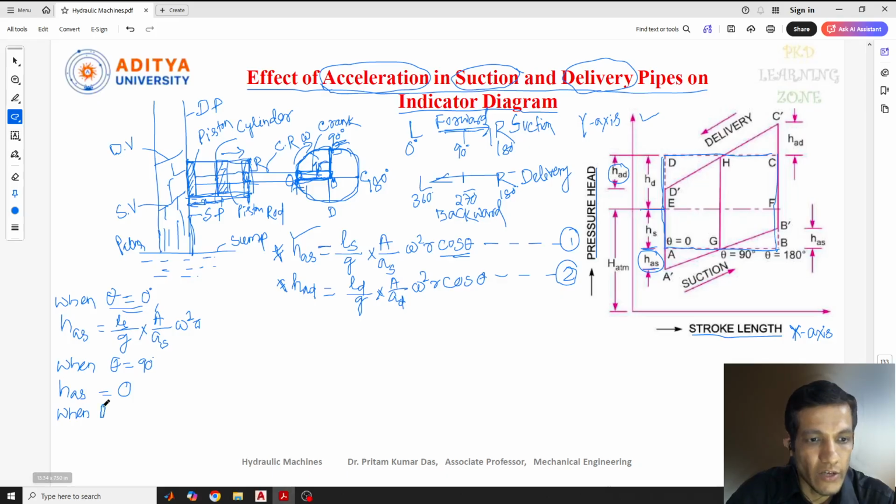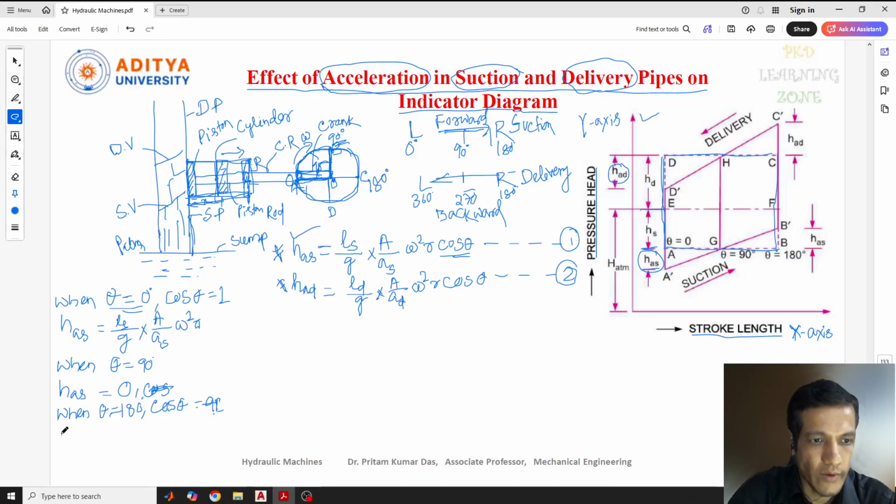Similarly, when theta equals 180, what is the value of cos theta? Cos theta will be minus 1. Here, when theta equals 0, cos theta equals 1, and here cos theta equals minus 1.